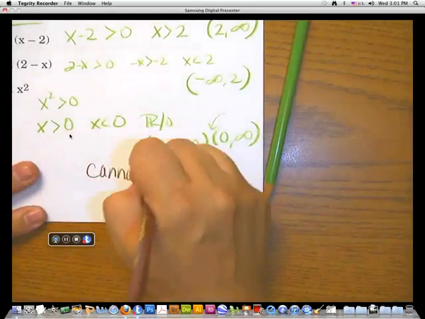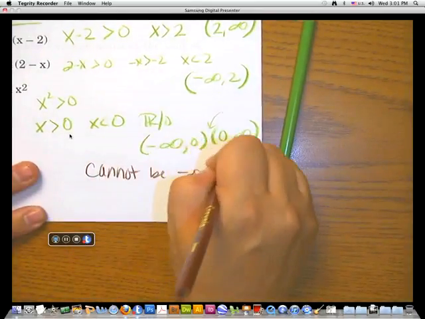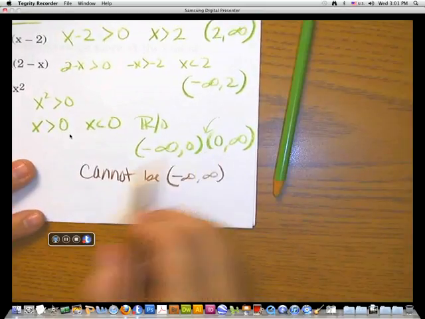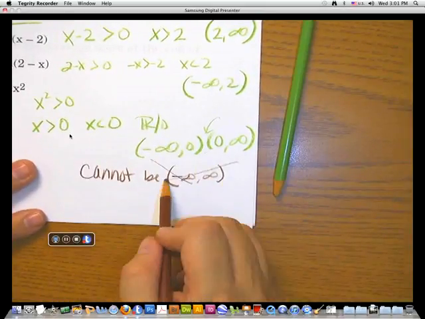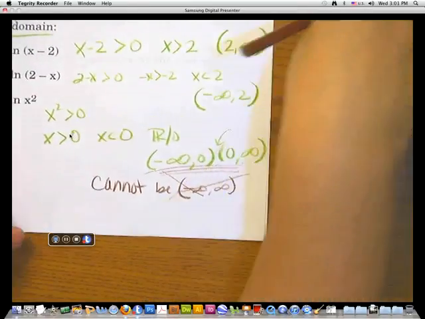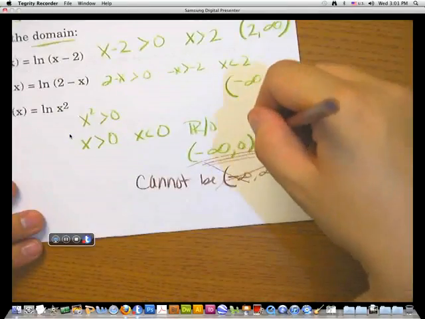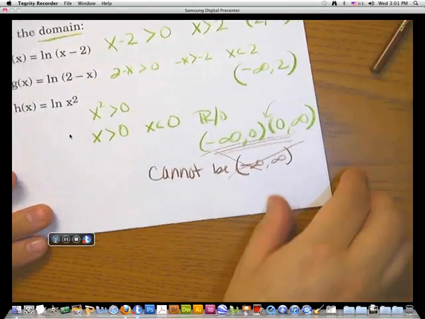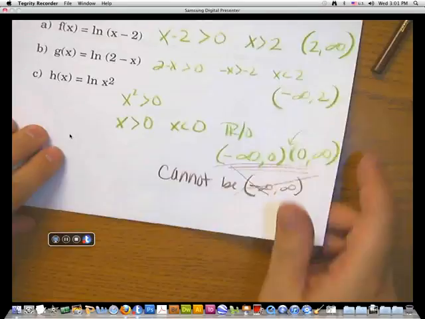It cannot be negative infinity to positive infinity, because at 0 it breaks. You must write it as a broken interval, because it does not touch at 0. So you cannot have it included in your solution.